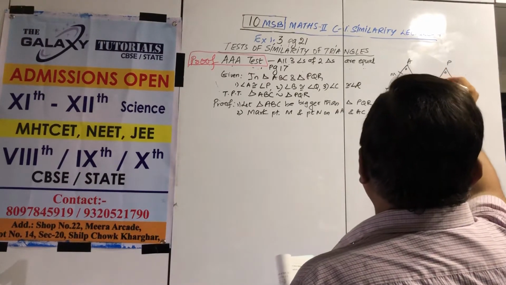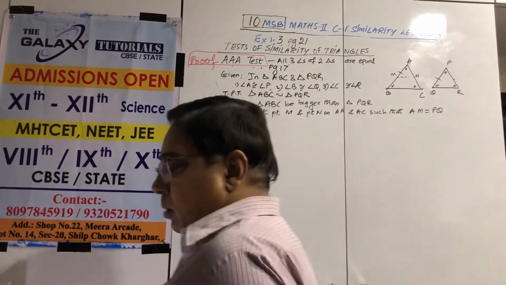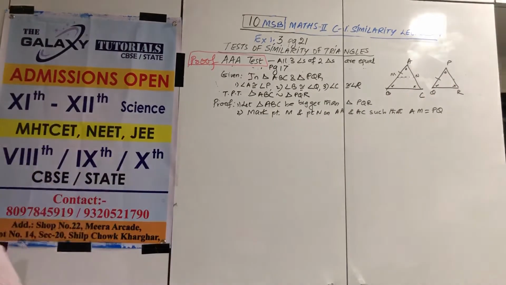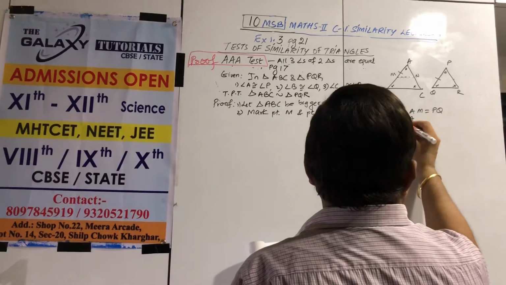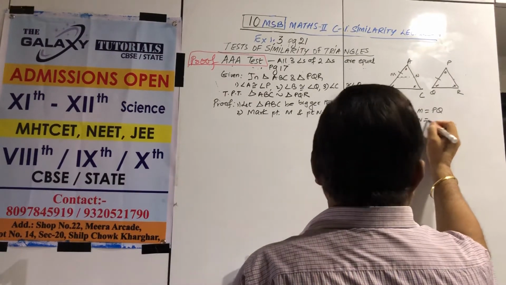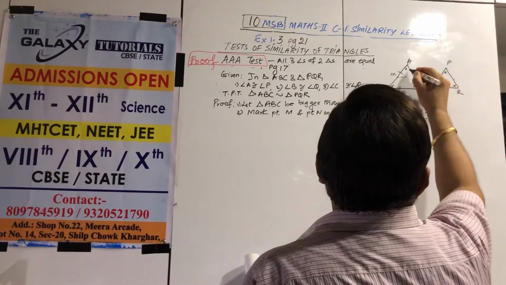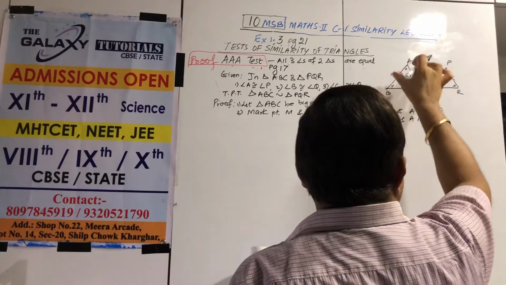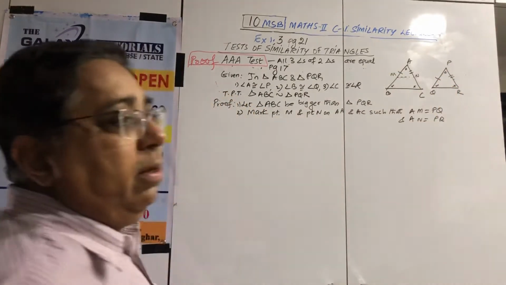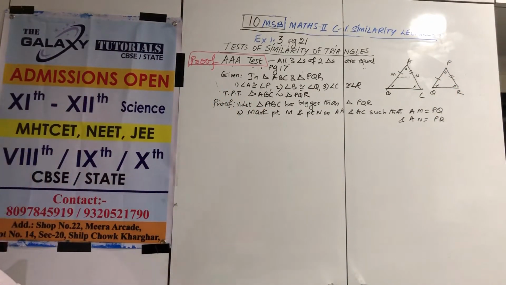This and this is same by our construction. And AN is equal to PR. AN is equal to PR. So basically I have a small triangle and I've extended it and made a big triangle. Or one part of my big triangle is congruent to the small triangle.